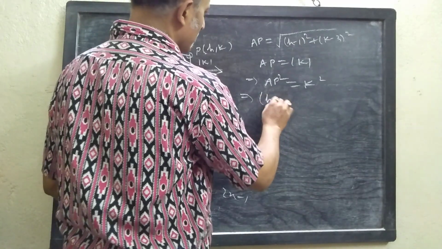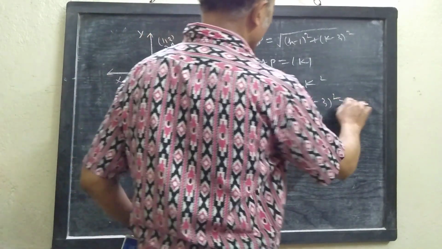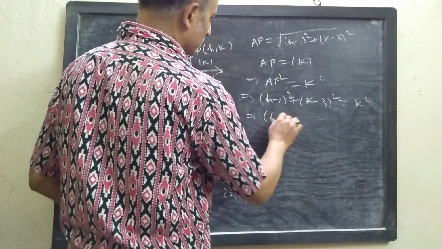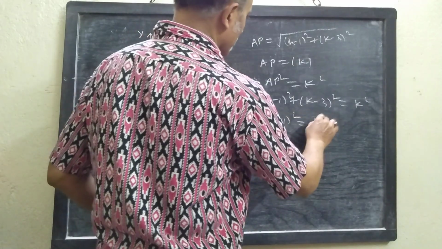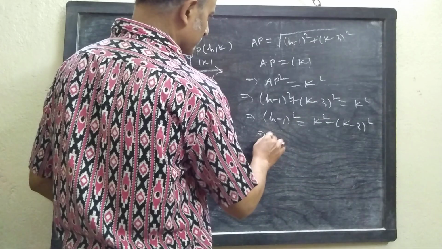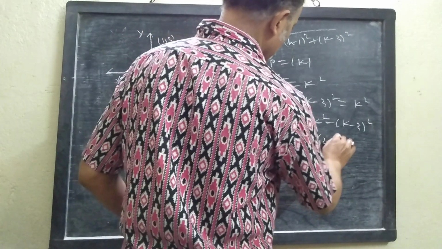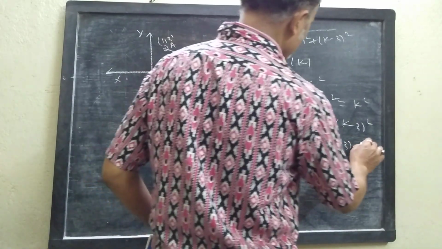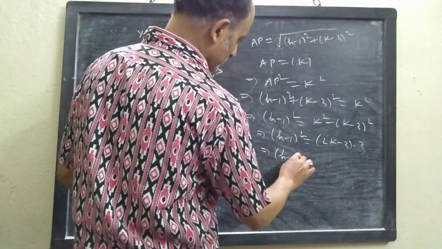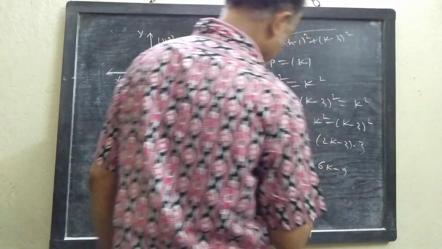AP square, this is (x minus 1) whole square plus (y minus 3) whole square equals k square. (h minus 1) whole square, k square, (k minus 3) whole square. (h minus 1) whole square, this is k minus 3 into 3, k minus 9.